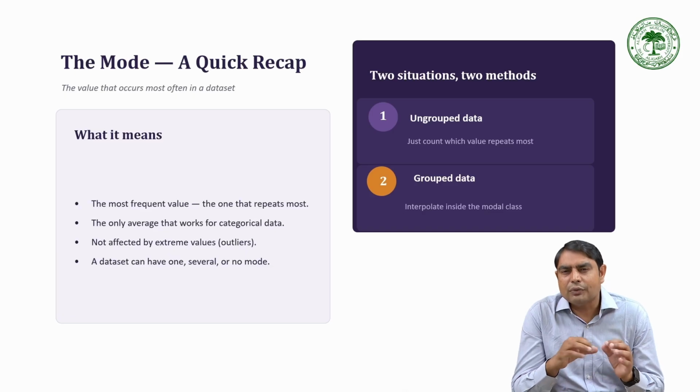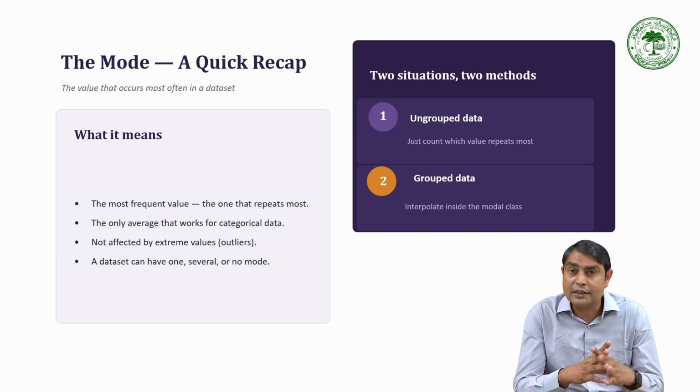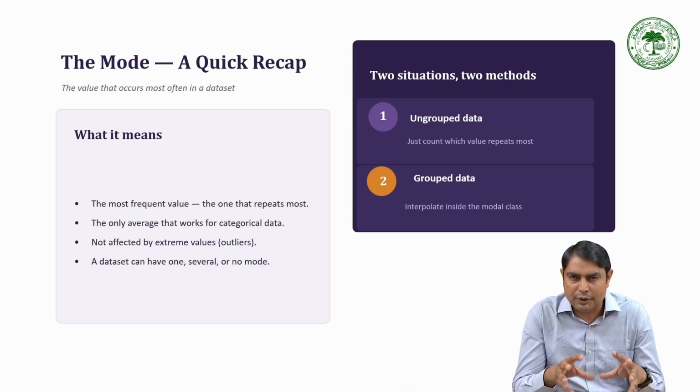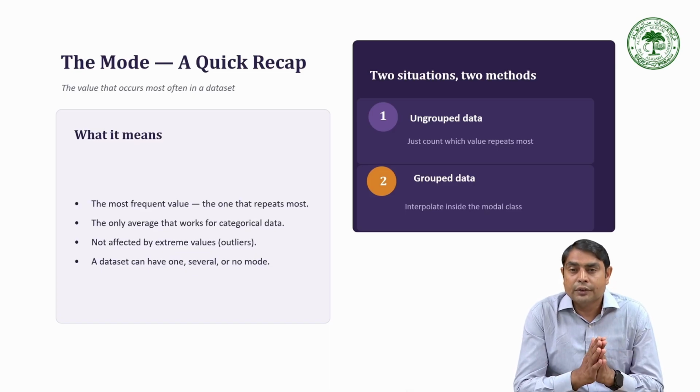The mode is the value that occurs more often in the data set. We already discussed that in the previous class, but let us come to some important properties which we haven't discussed in the previous lectures. It is the only average that works for categorical data.